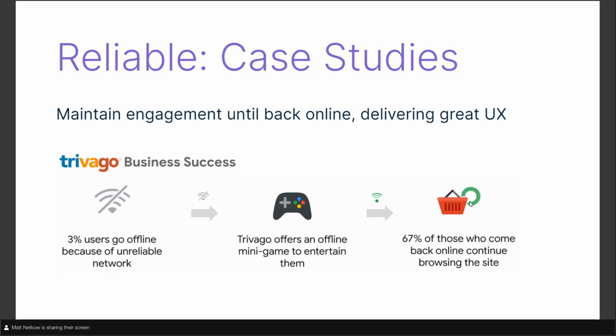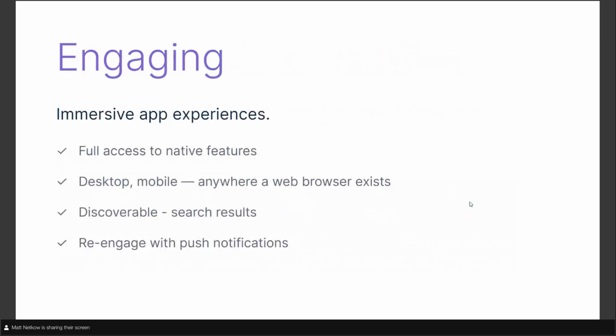And it wasn't just for fun and games. What that actually did is drove real impact. 67% of those came back and finished what they were doing, trying to book experiences and flights and things from their site when they came back online. So keeping them engaged led to not only great UX, but actual business results there.